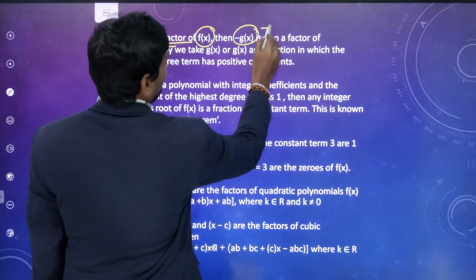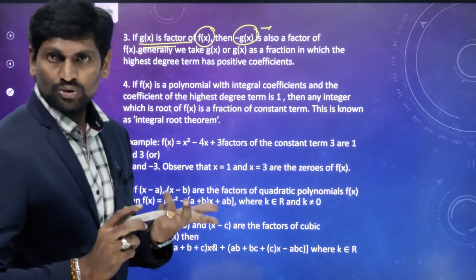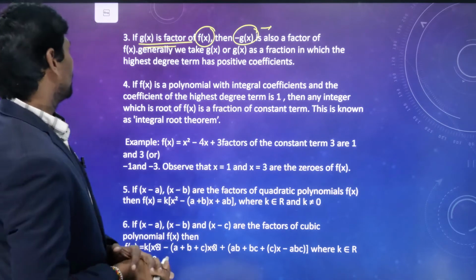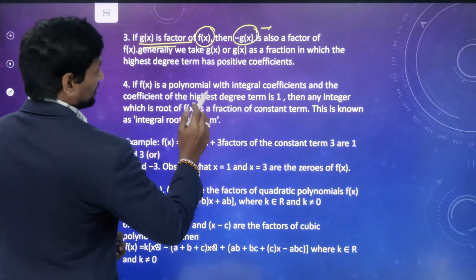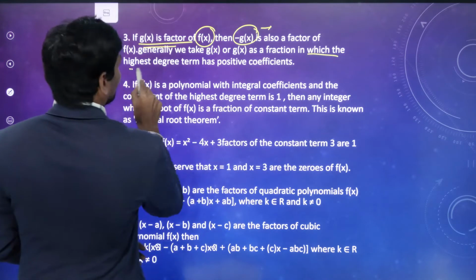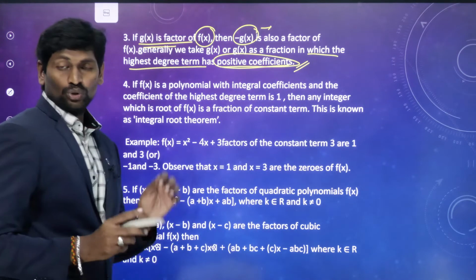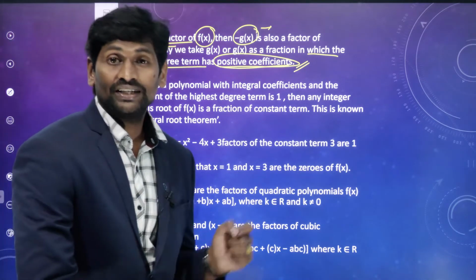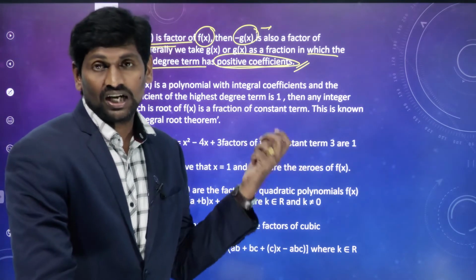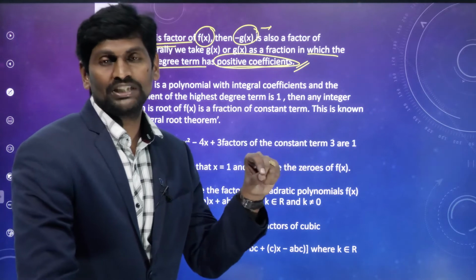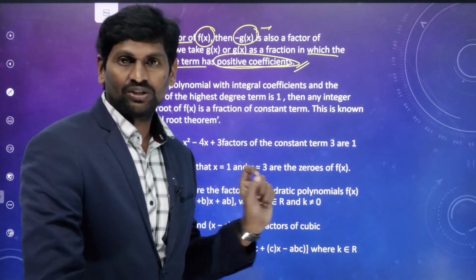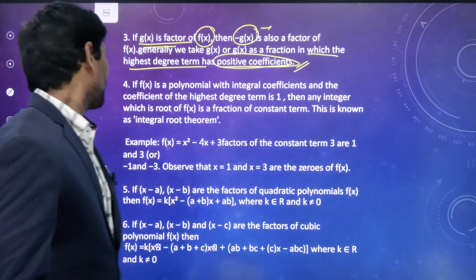Right. That means the highest degree term must have a positive coefficient. It only works out when the highest coefficient of the polynomial is positive. If it is negative, it won't work out.